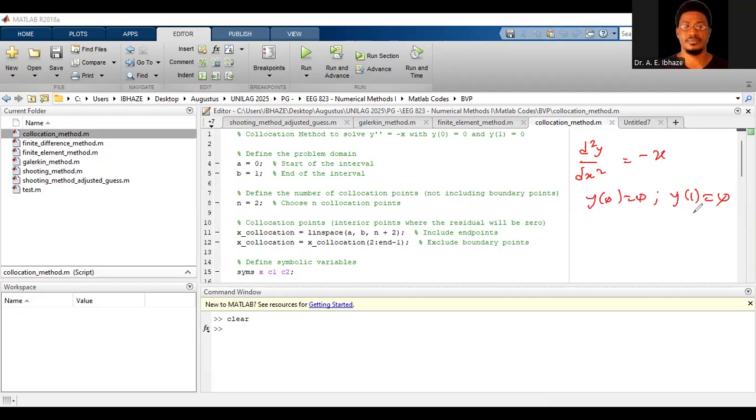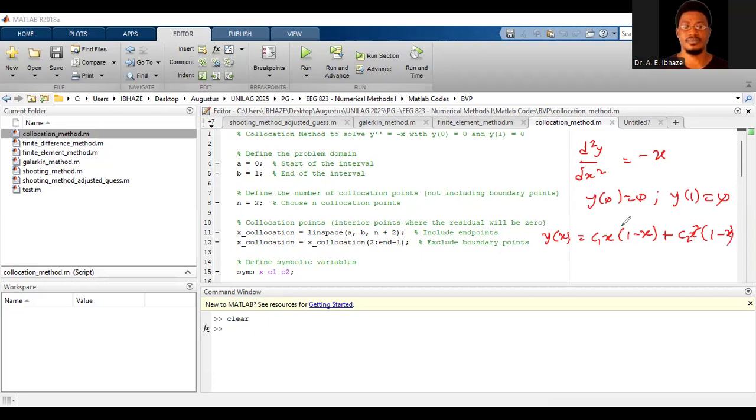To use the collocation method, we first assume the trial solution in the form of a piecewise polynomial. And this polynomial must satisfy the boundary conditions. If we assume a quadratic polynomial, for instance, because it fits with the second order differential equation and boundary conditions, then we can say that y of x is the same as C1 x times (1 minus x) plus C2 x squared times (1 minus x).